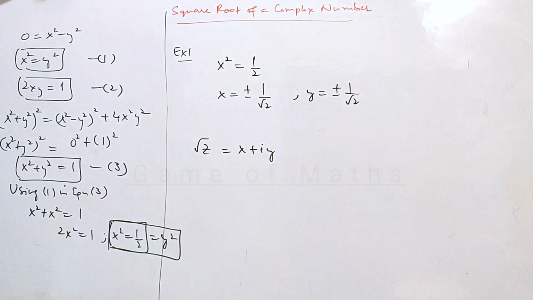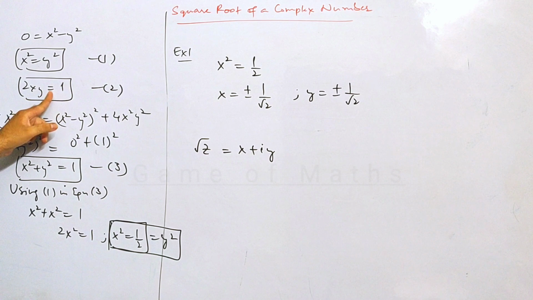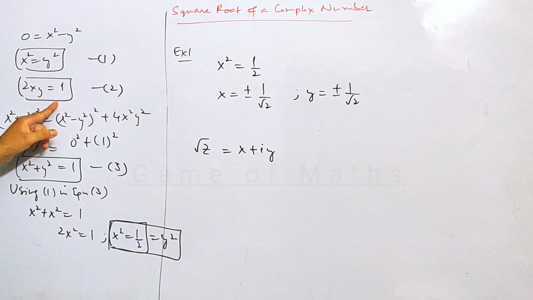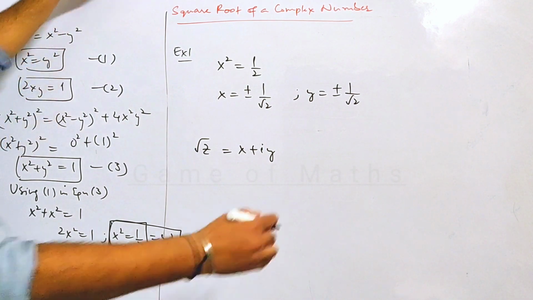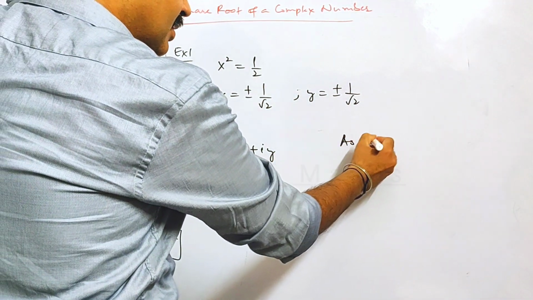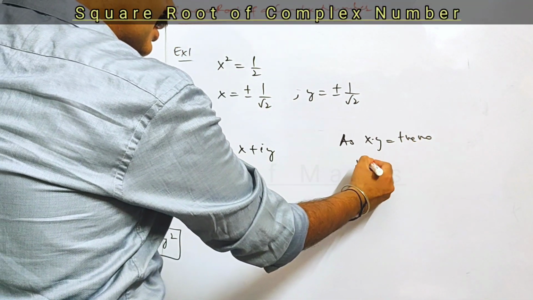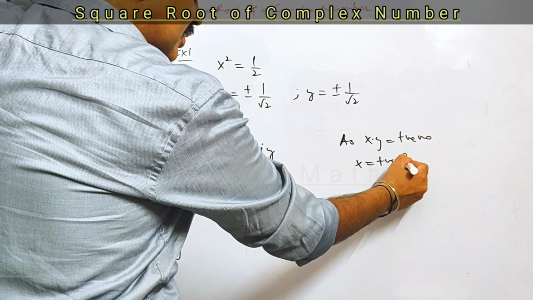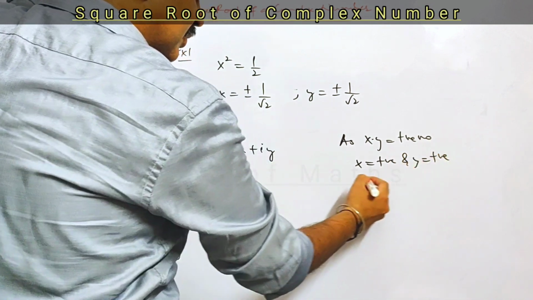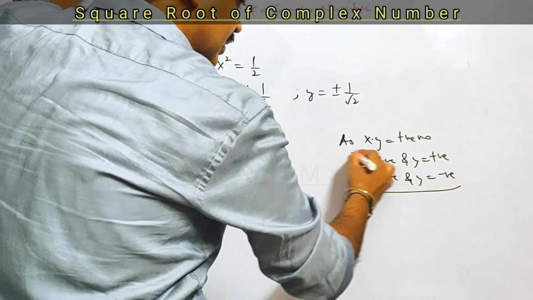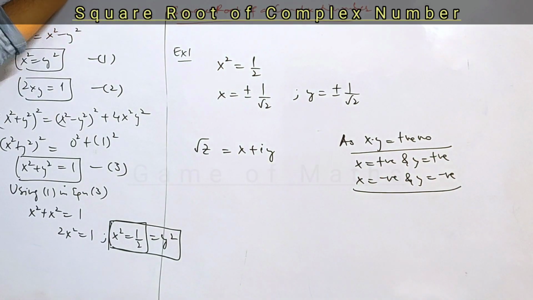To decide the signs, equation 2 will be helpful to us. This equation says x into y is equal to 1 by 2, which is a positive number. So as x into y is a positive number, it implies x and y both are positive, or x and y both are negative. In these two possibilities, the product x into y would be a positive number.